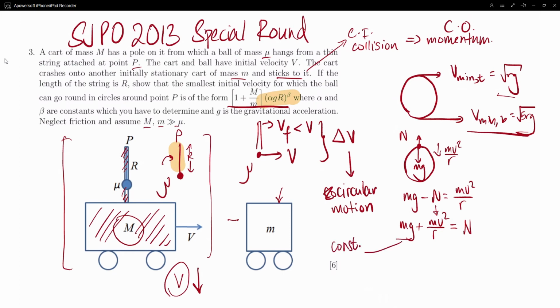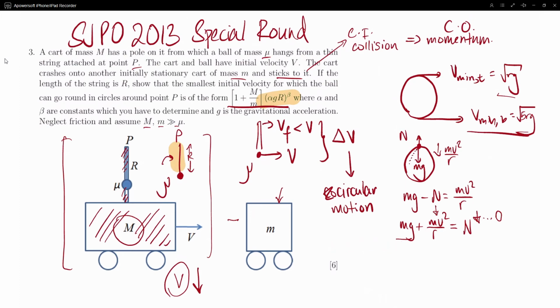So we want v to decrease to the point where N hits 0. Because when N hits 0, it is the minimum velocity where it's going to continue the circular motion. If N is less than 0, it's going to fall into a projectile motion already. It's not going to be a circular motion.